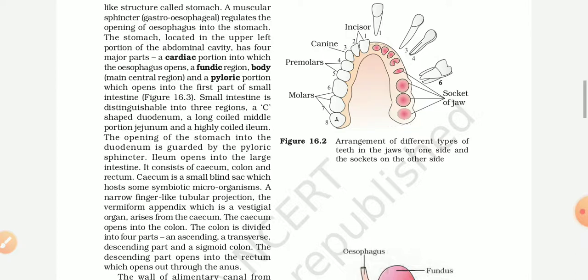That is why it is called a blind sac. And it hosts some symbiotic microorganisms.